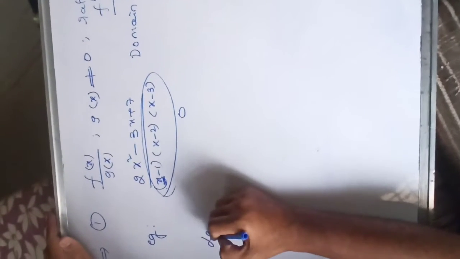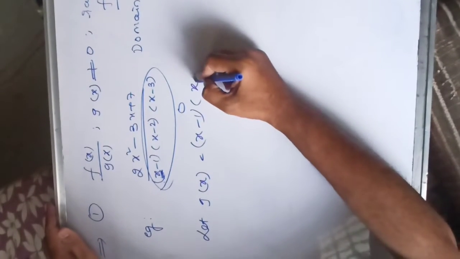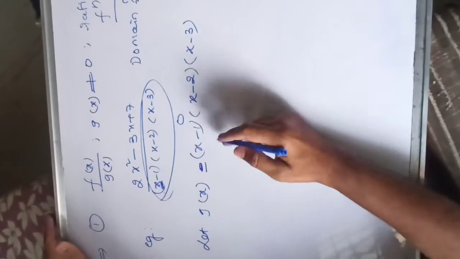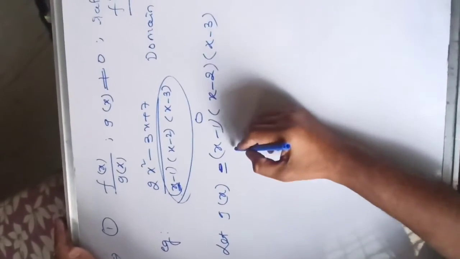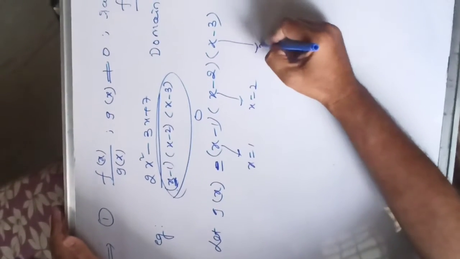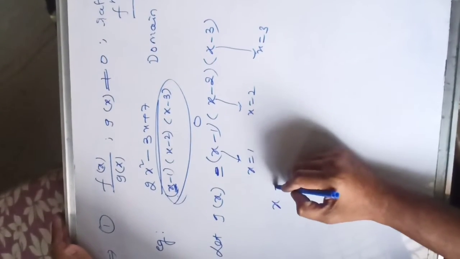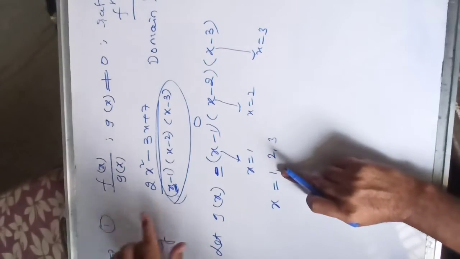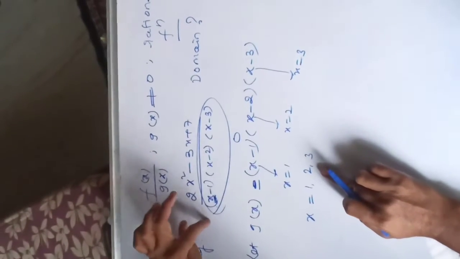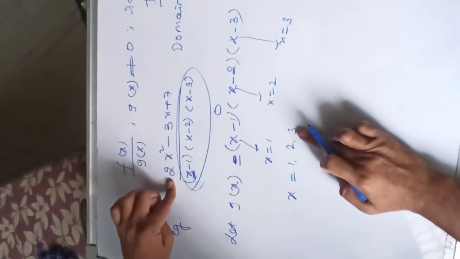Let the denominator be g of x, equal to x minus 1 into x minus 2 into x minus 3. Where is it 0? At x equal to 1, x equal to 2, and x equal to 3, g of x is 0. So we should not take x equal to 1, 2, or 3 for this rational function.